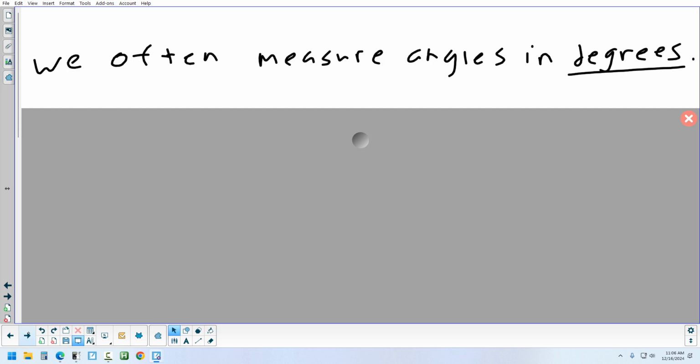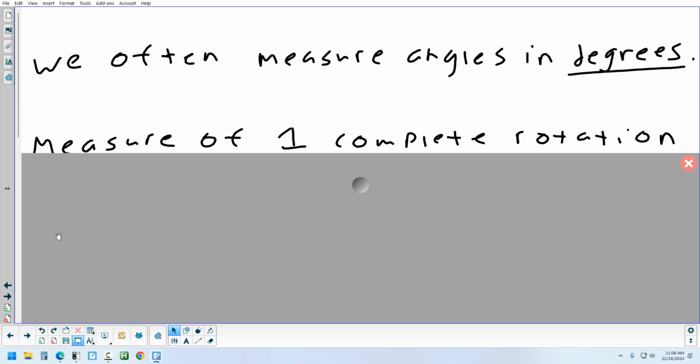Okay. So degrees is one way we can measure an angle. It is not the most common way when you do pre-calculus and calculus. There is another way we do it. Well, let's start with degrees. How much is one complete rotation on a circle?